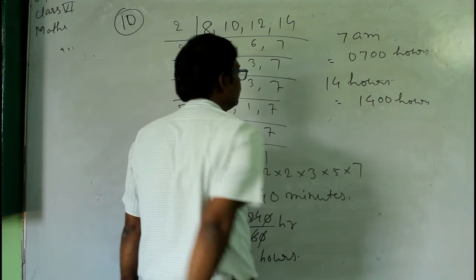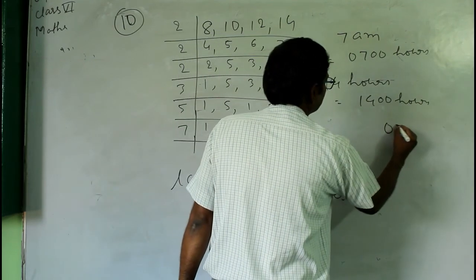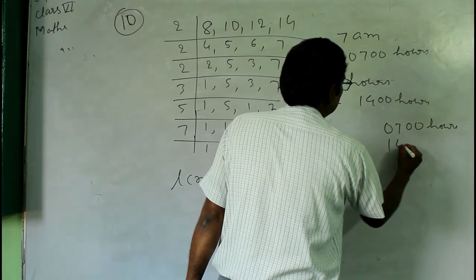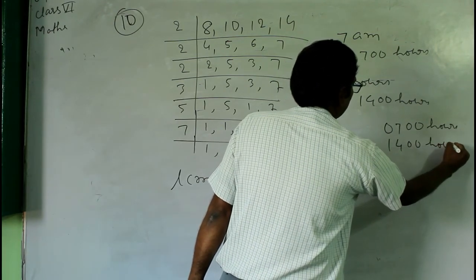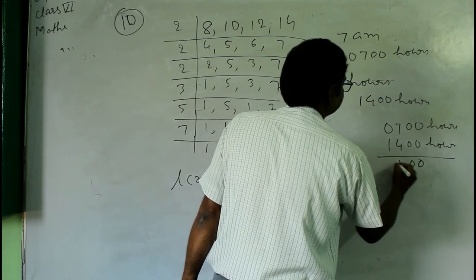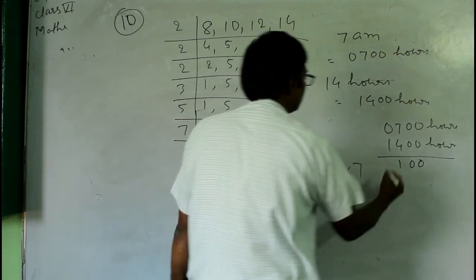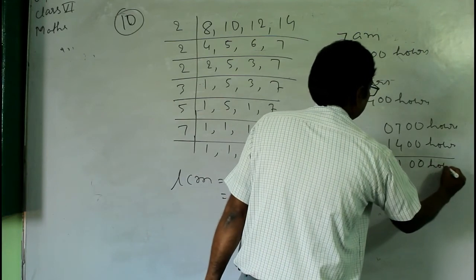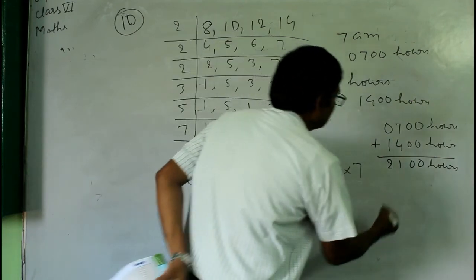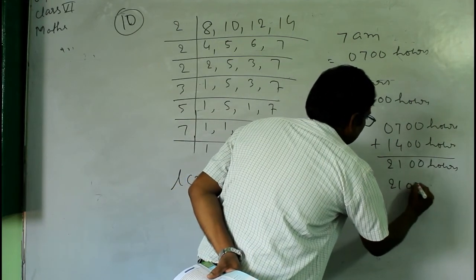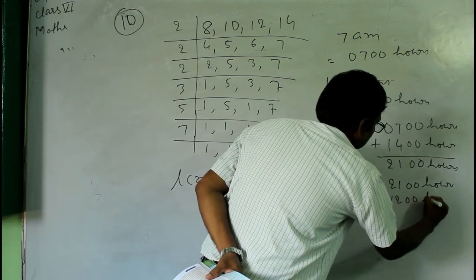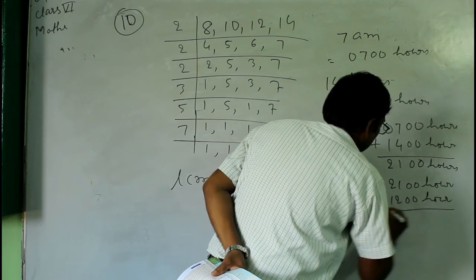Now here you will add these 2 numbers, that is 0700 hours and 1400 hours, and then add here 00 and here 21. Okay, so now here 21 hours, and then subtract 1200 hours to convert this into 12-hour clock.